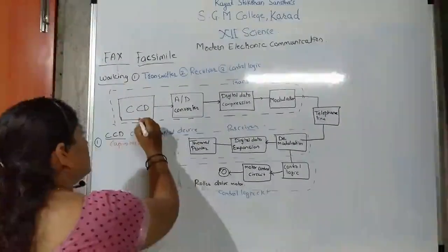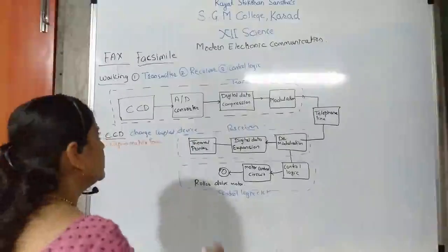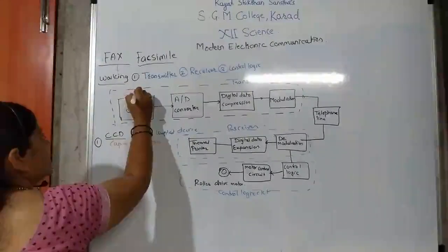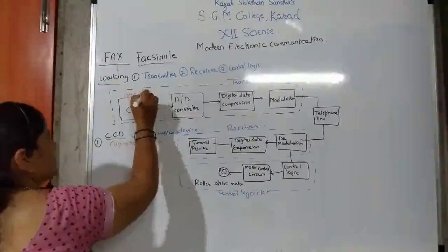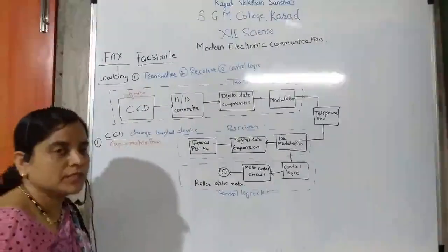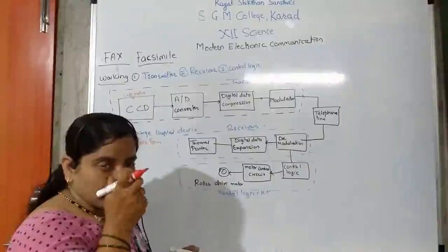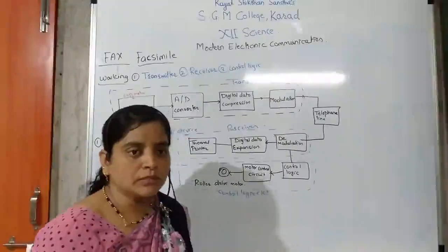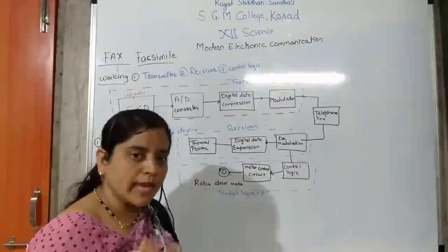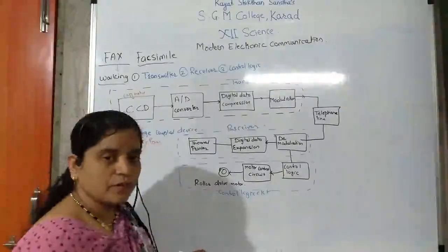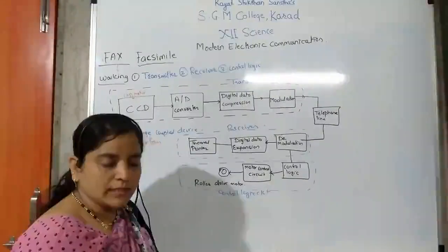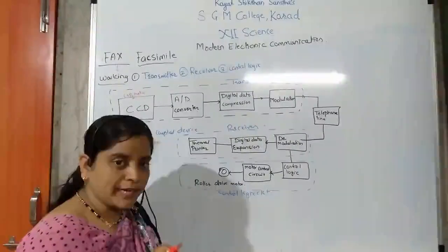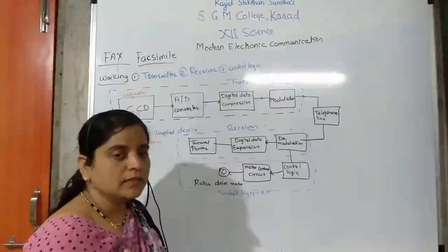So the first device is the charge coupled device. It has capacitors in matrix form on a silicon chip, and it charges the device for scanning. It catches the signal when the mirror sends the signal to the CCD.